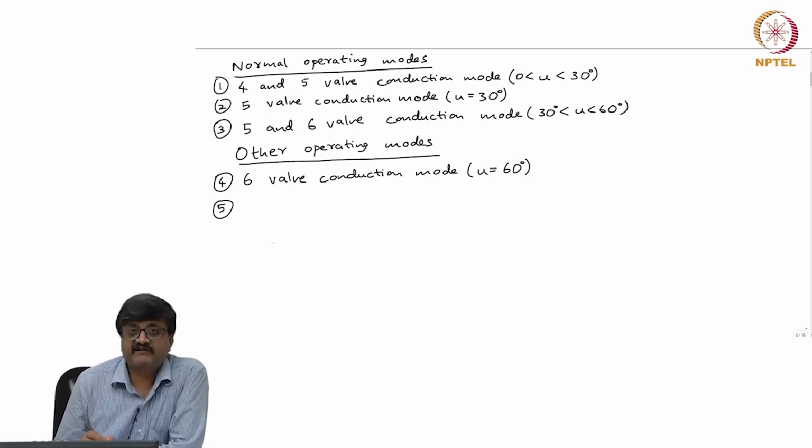If the 6 pulse converters operate in 3 and 4 valve conduction mode, that is u is greater than 60 and less than 120 degrees, then at any instant we will have either 6 valves conducting or 7 valves conducting, or 7 valves conducting or 8 valves conducting.